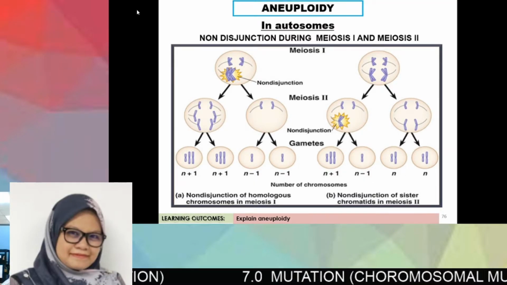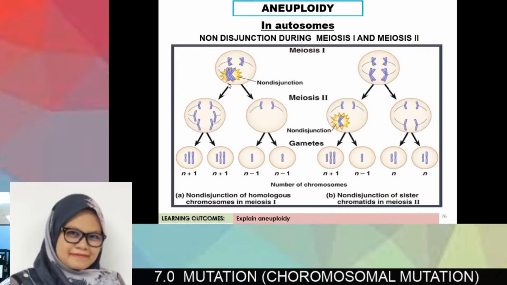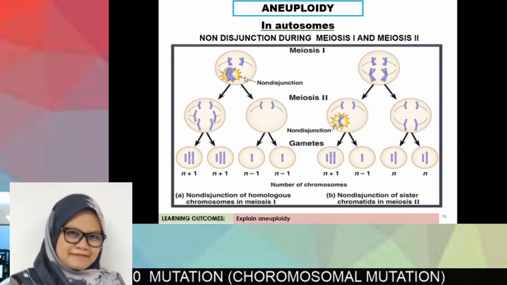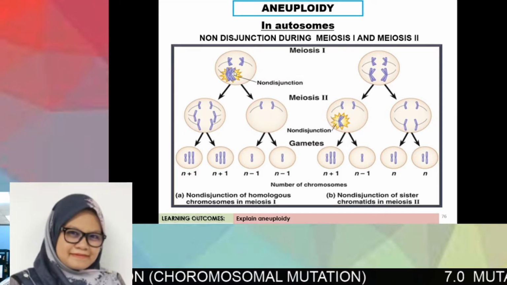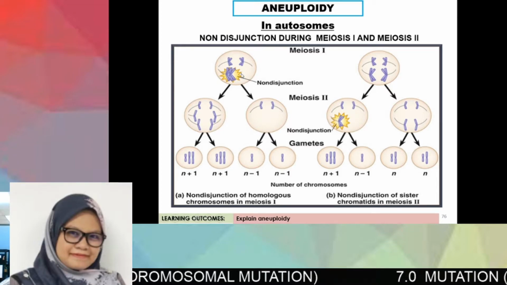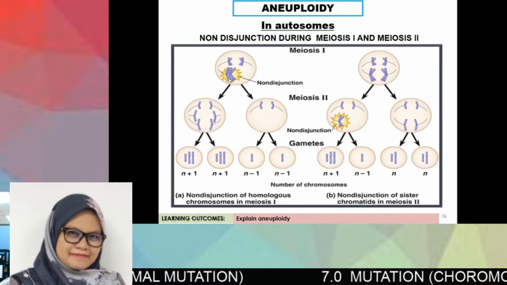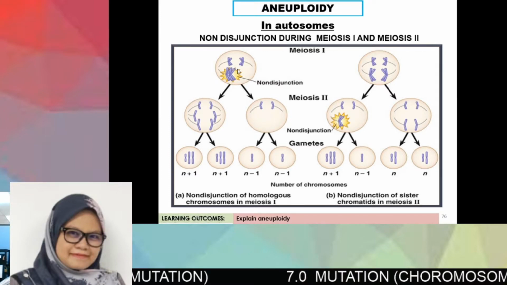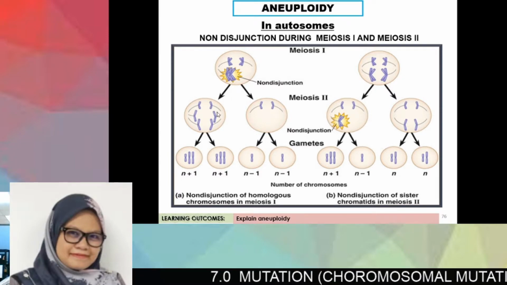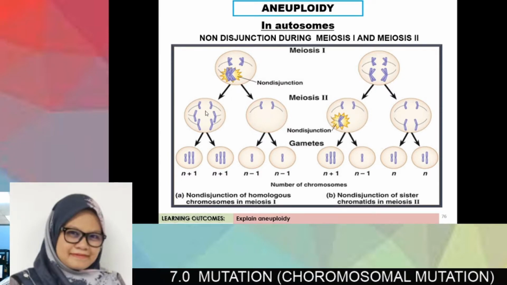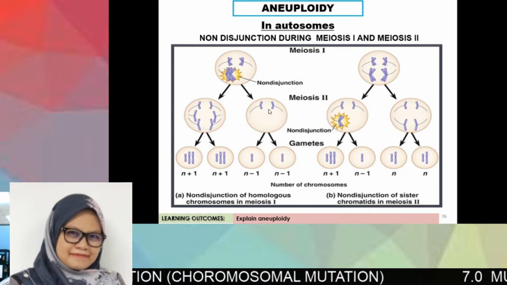But then if non-disjunction occurs in meiosis 1, so look at here, supposed to be in meiosis 1, which is anaphase 1, the homologous chromosomes must be separated. Tapi kita tengok keadaan dekat sini, homologous chromosome ini tidak berpisah. So menyebabkan di bahagian sebelah kiri akan ada 3 sister chromatid. Dan di bahagian sebelah kanan hanya ada 1 sister chromatid.